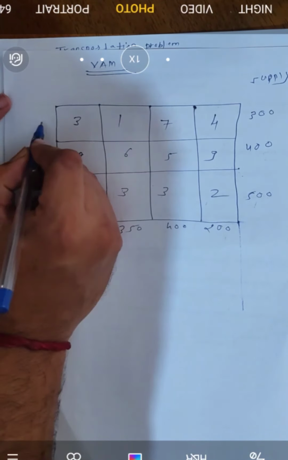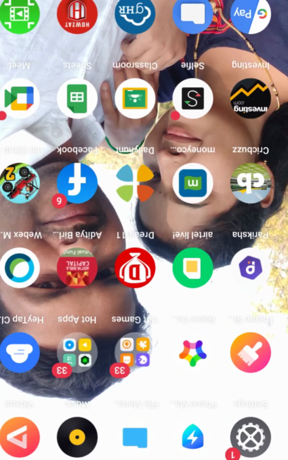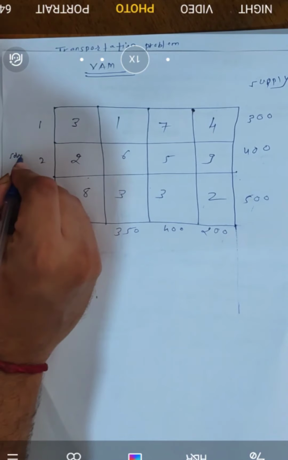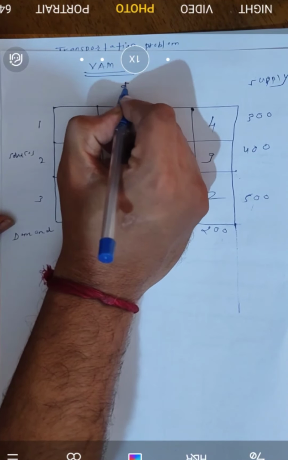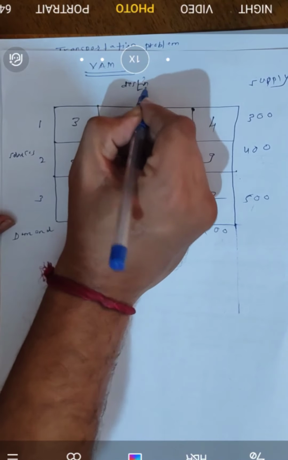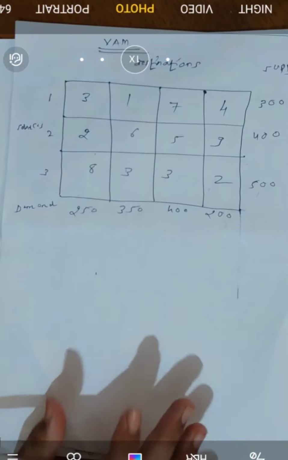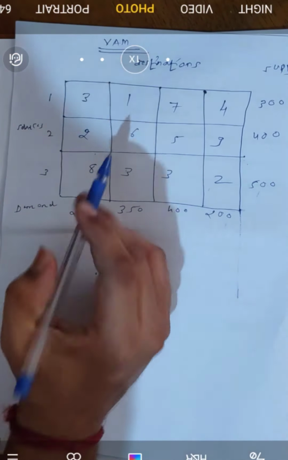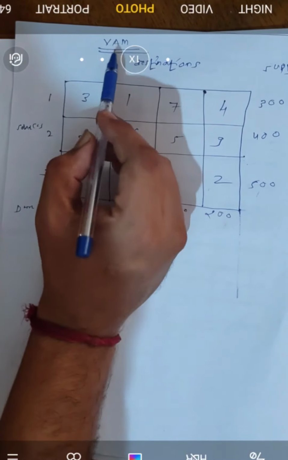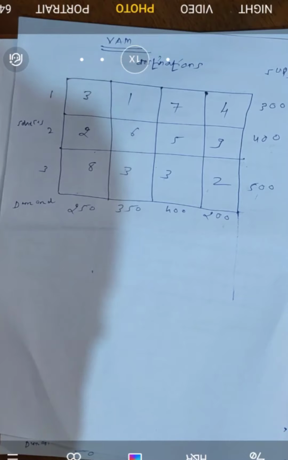There are three sources and 5 destinations. So now we are going to minimize the transportation cost by using VAM method, which is Vogel's approximation method.